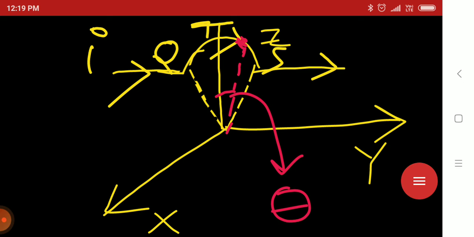The first step is to draw the figure. We have drawn the figure with the help of three Cartesian coordinates. This is the x, this is the y, and this is the z axis. And we have taken a small length element dl.